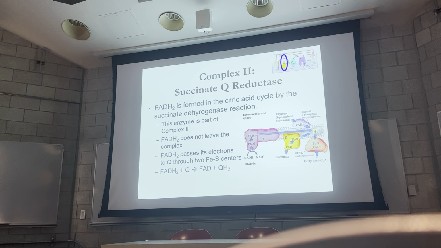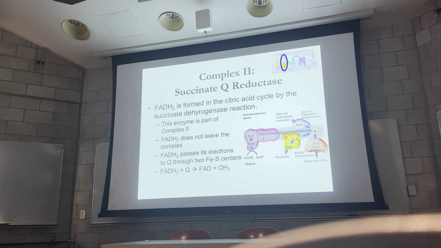Okay, so here's complex 3. It's called Q-cytochrome C oxidoreductase. It's another dehydrogenase. Its job is to catalyze the transfer of electrons from QH2 to cytochrome C, which we learned on Tuesday is a soluble carrier of electrons that exists in the intermembrane space.